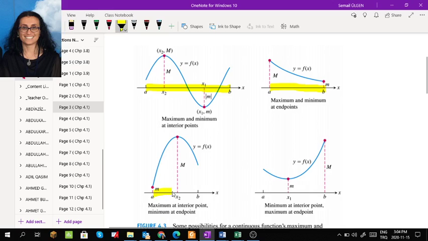Look at this. This A is included as well. A to B. Domain is closed and bounded like this. When you have that, extreme value theorem says you're going to definitely have maximum and minimum, and I'm going to show you that we have the maximum here. It's the biggest value. And we have the minimum value.